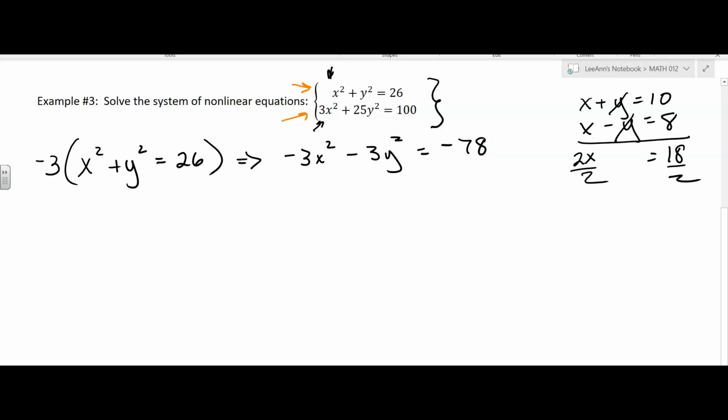Then I'm just going to recopy the bottom equation. Now when you're using a system of equations, you always have to be careful to keep them straight, because you don't want to use the same equation twice in your solving. You don't want to duplicate it, then you're going to run into problems. But we'll just copy that bottom equation.